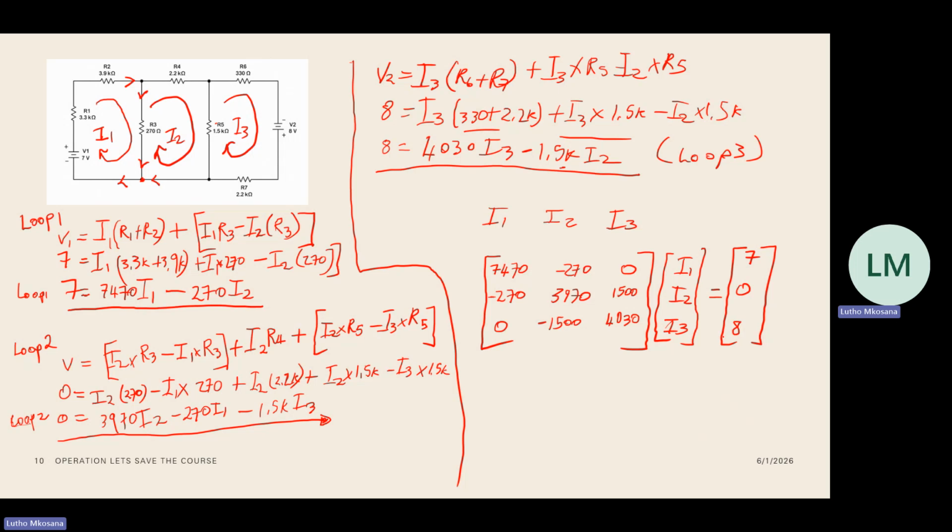Once we are able to calculate this, we'll be able to get our I1, I2, I3. That is going to give us our mesh currents.